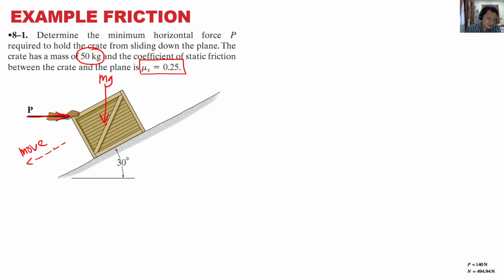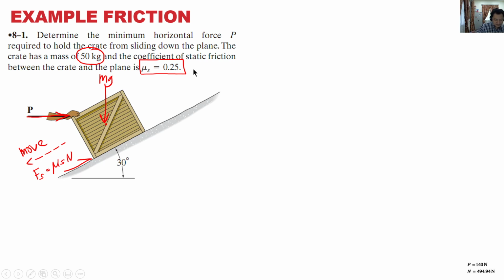Since it's trying to move this way down, friction will make it hard for it to move. So mu s times normal, which is equivalent to friction static, is in this direction. So you've got how many forces? One friction, P from the hand, and mg going down. So pretty much that's it.